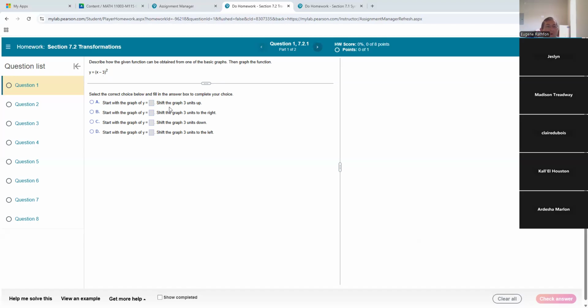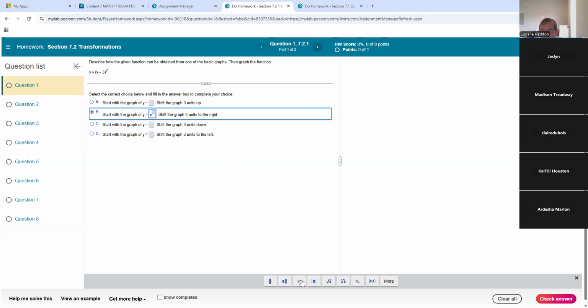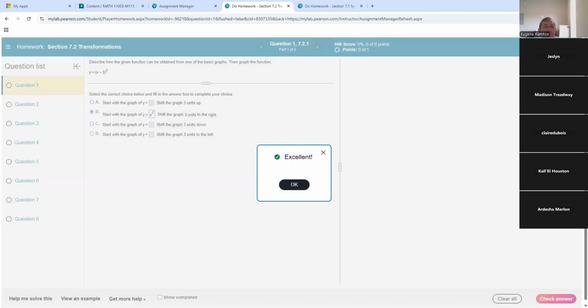So I'm going to pick the one that says goes 3 units right. That'll be B. It says start with the graph of, well, y'all, that's going to be x squared. So do your x and then do your exponent on it, okay? So your x squared graph, 3 units to the right. You're going to check that answer.